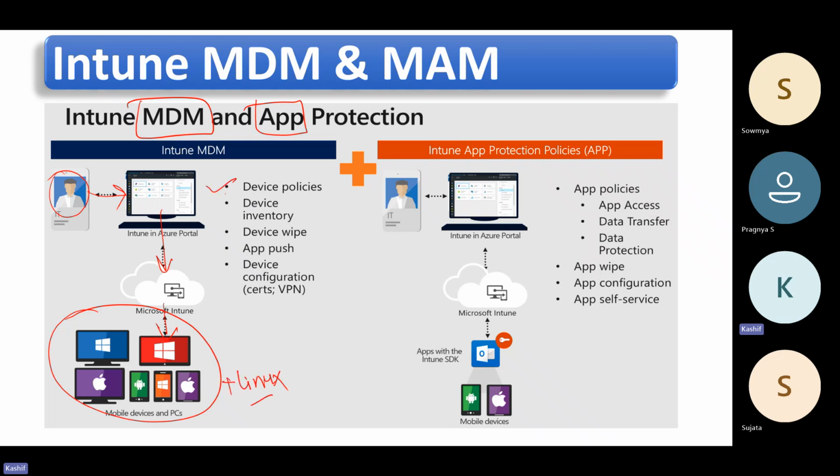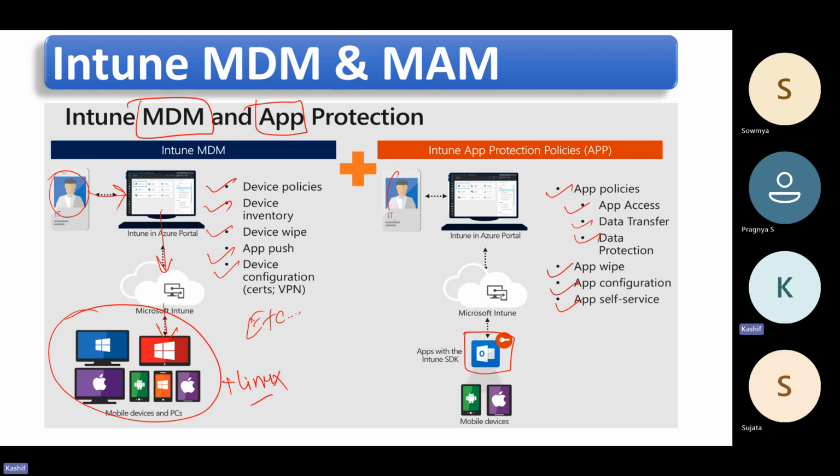You can manage these kinds of devices. You can deploy policies, device inventory, device wipe, application push, device configuration, etc. There are various other things which we do in Intune. Similarly, you can manage mobile applications, for example, Outlook. You can define policy of that application, then app access, data transfer, data protection policy, app wipe, app configuration.